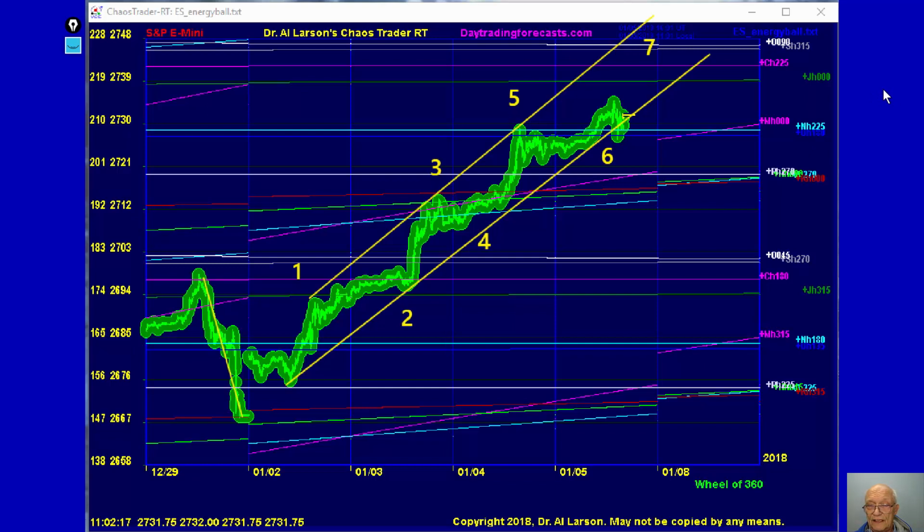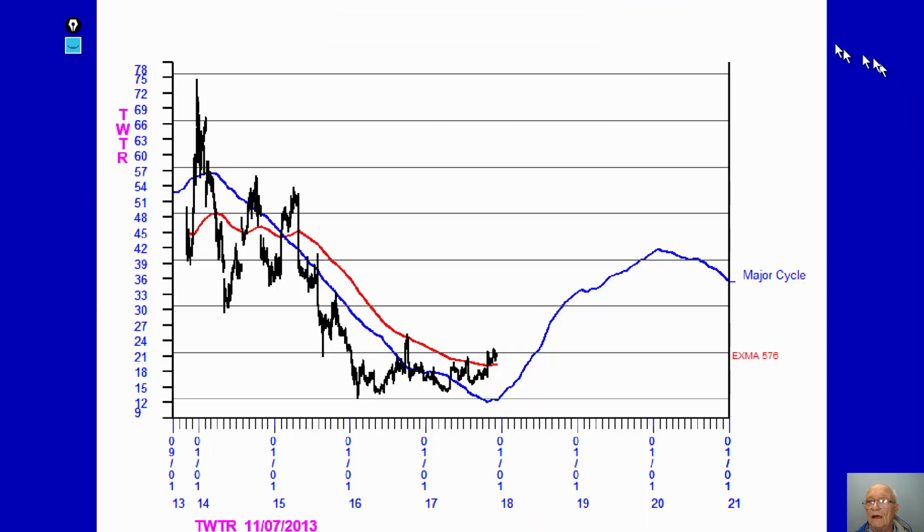So when I look at the S&P, it's great that it's been going up. I am concerned that we may be seeing the blow-off that signals the end of a bull market. One of the things that happens at the end of a bull market is that the laggards start moving.